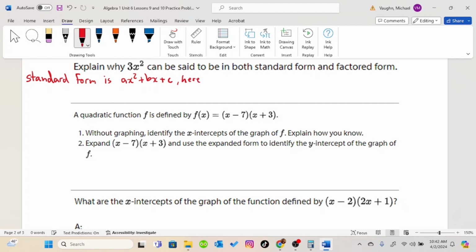Here, a equals 3, b equals 0, and c equals 0. So if I plug 0 in for b, the x goes away. And if I plug 0 in for c, it goes away, and I'm just left with 3x squared. So this is in standard form.